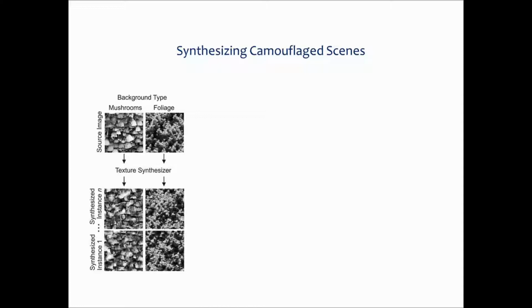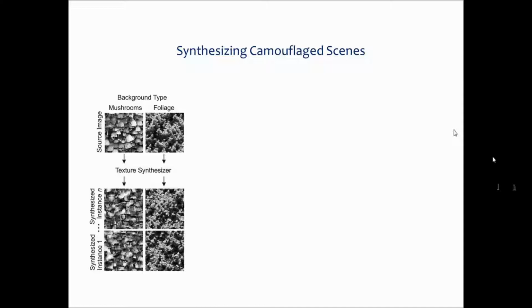And the way we do it in the lab is we synthesize camouflage images so we know what we put in. We start with natural textures, in this case mushrooms or foliage, and we use Portilla and Simoncelli's steerable pyramids to synthesize additional examples of that background.